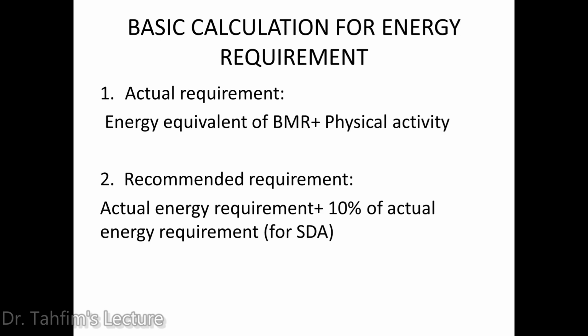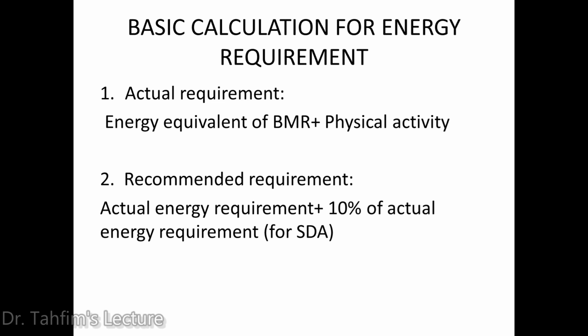Now the main part, basic calculation for energy requirement. There are two types of basic calculation for energy requirement. One is actual requirement and another is recommended requirement. What is actual requirement? Actual requirement is the energy equivalent of BMR plus physical activity. That means when BMR is added with physical activity, it is the actual requirement.